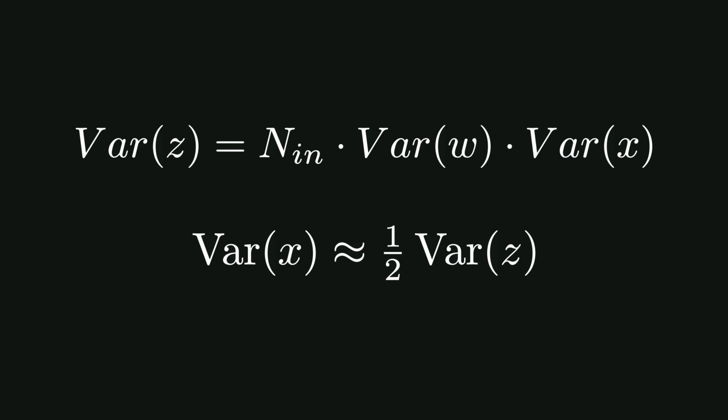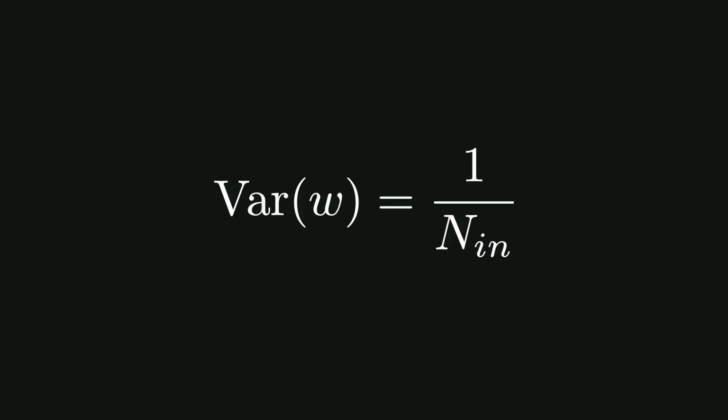Since ReLU kills about half the activations, the variance of the input becomes only half the variance of the next layer's activations.